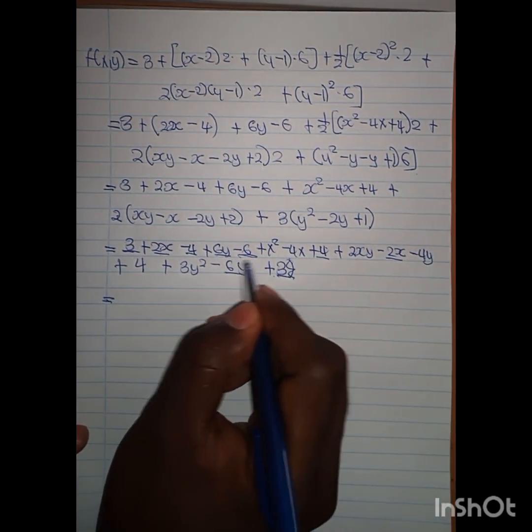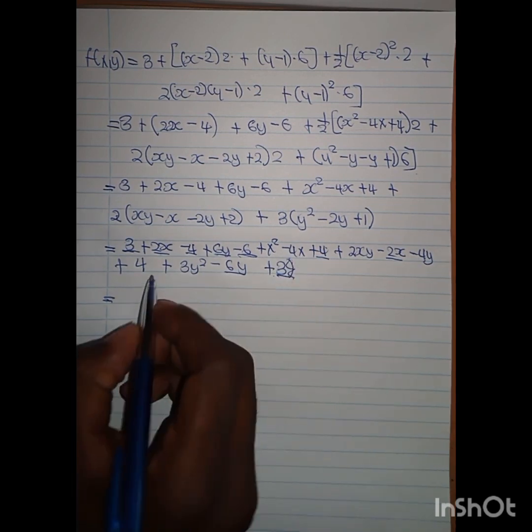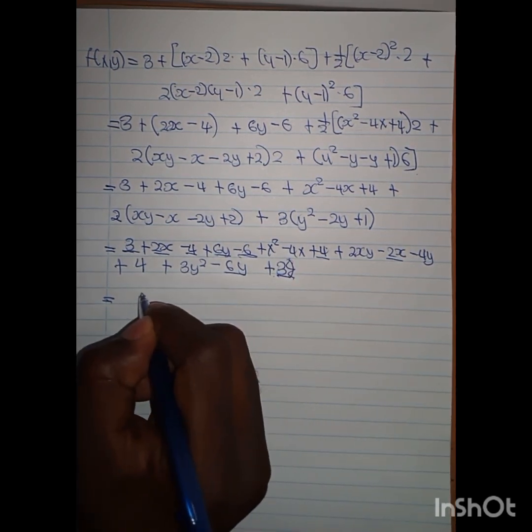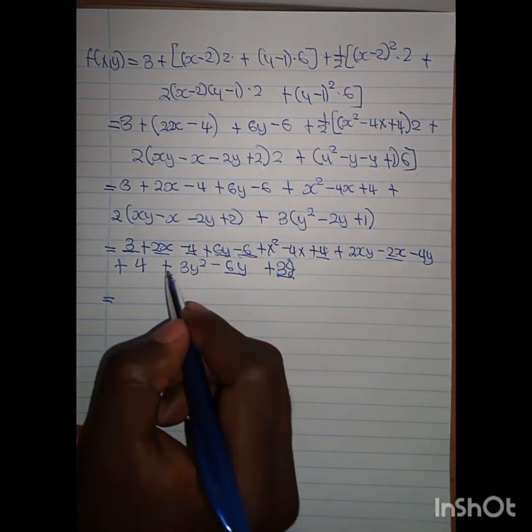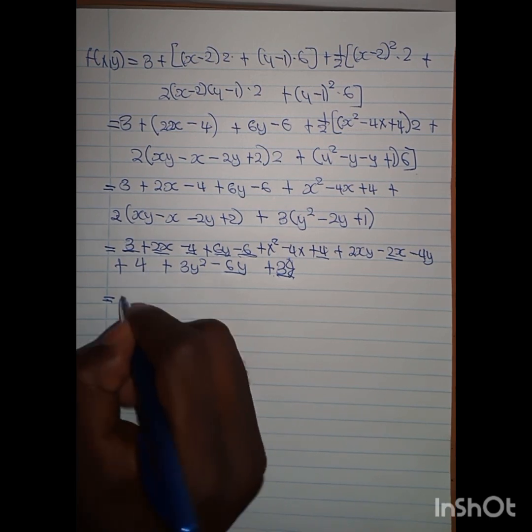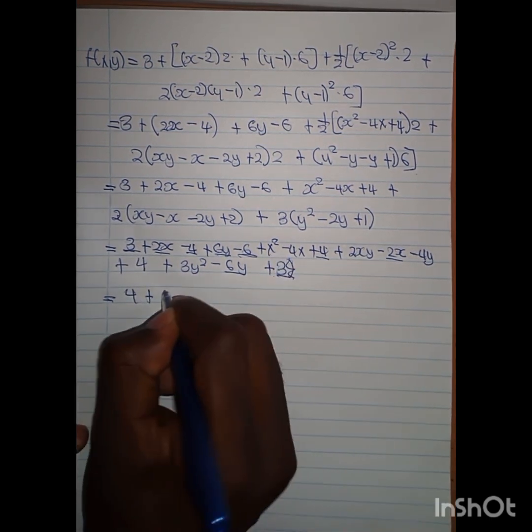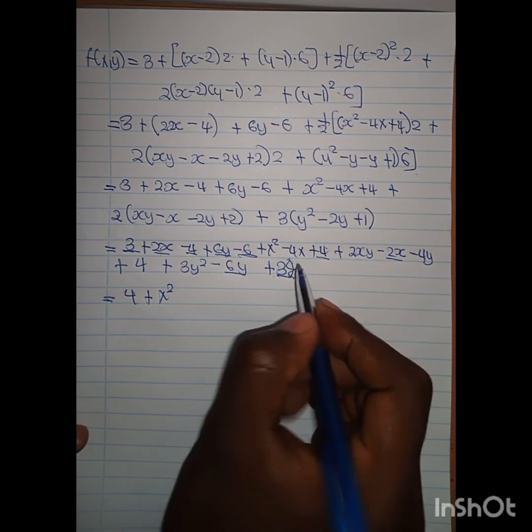And then we have x squared remain, and then the 4 and this 4 will remain, so we'll have 4 plus x squared.